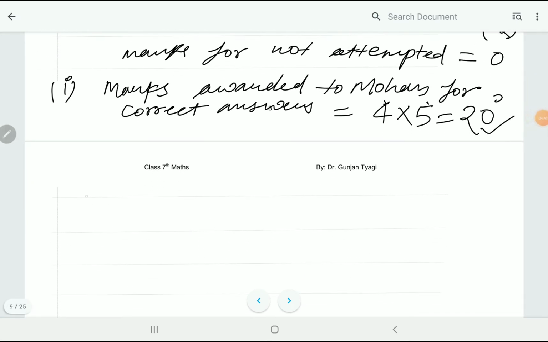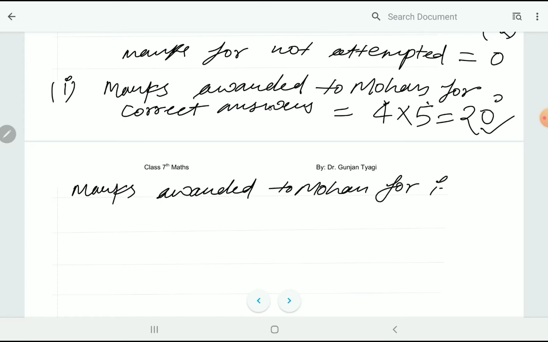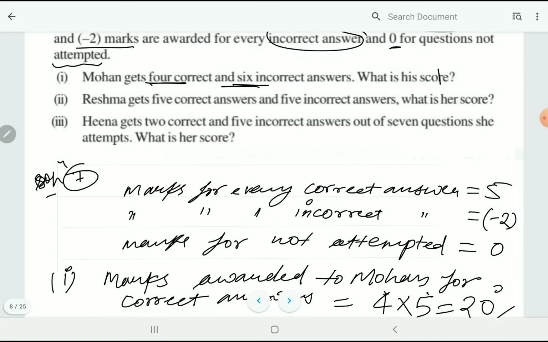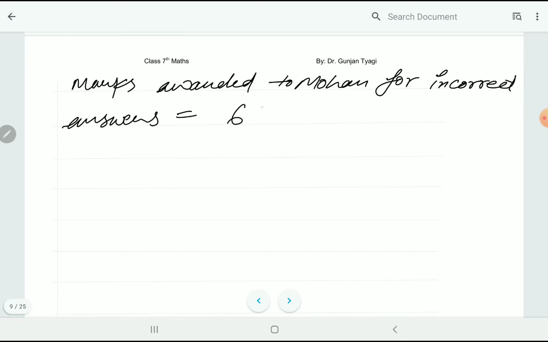Now marks awarded to Mohan for incorrect answers is equal to, he did 6 incorrect questions, so 6 multiplied by the marks for each incorrect question, that is -2. So his total marks for incorrect is -12.